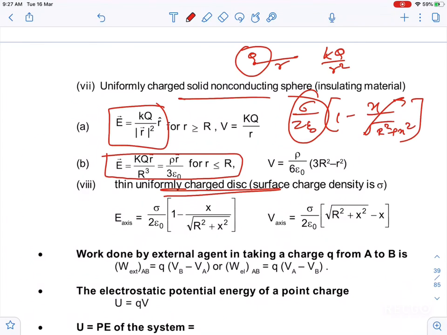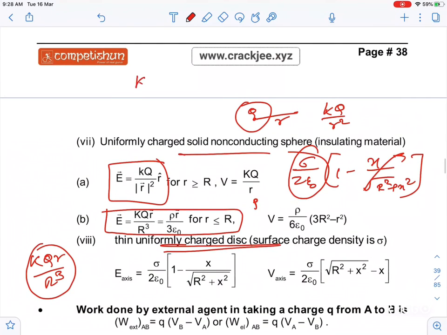But for an inside point, guys, you should remember this formula, which we have discussed in gravitation also: kqr divided by r cube. This kqr divided by r cube can also be written using rho, the charge per unit volume. Actually how have we written it like this, guys?